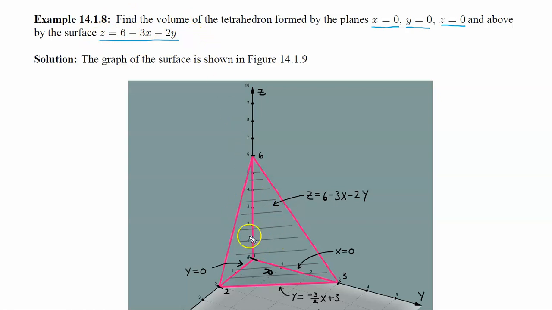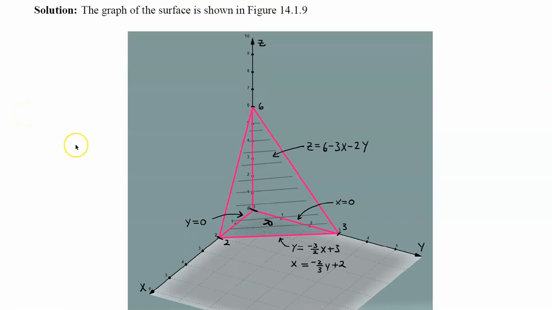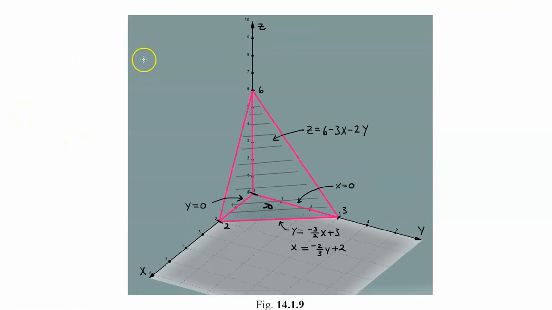Now down here we have pictured the volume that we're actually trying to find. So right here it is. You see the lower region, the R right there, that's where z is equal to 0. This side right here is y equals 0.